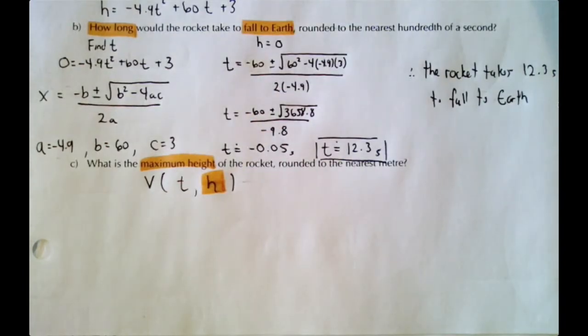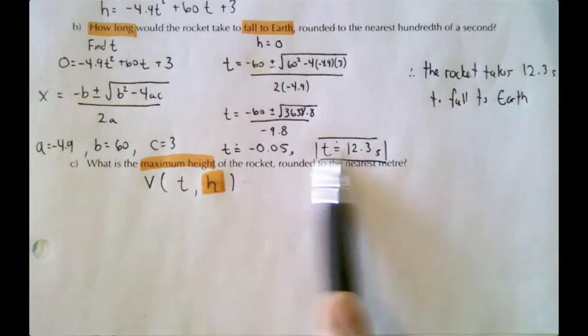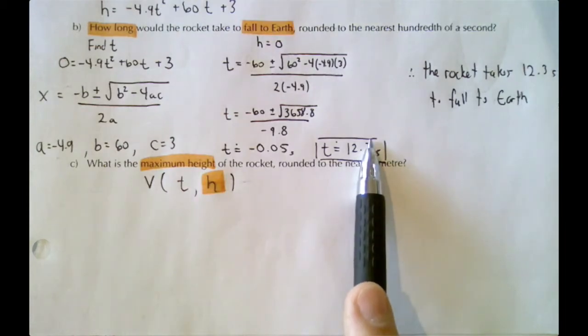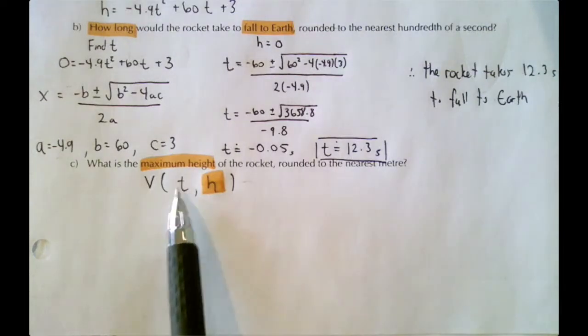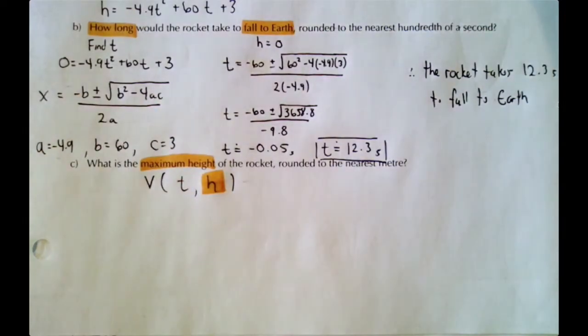Well, we could complete the square and find the vertex, starting from standard form, or we could use something we found in the last example. We found the x-intercepts. When you have the x-intercepts, you can find the axis of symmetry by adding the x-intercepts and dividing by 2. That would be this t. Once you find a t, put it in your equation to find a height, and you've got your answer.